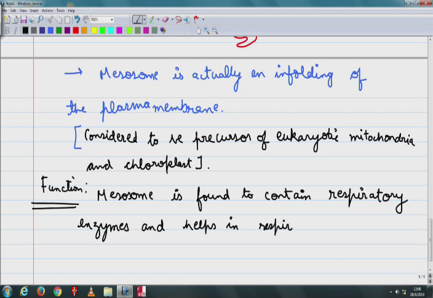Because it contains respiratory enzymes, it is believed to be helping in respiration. That is a function that you need to remember.